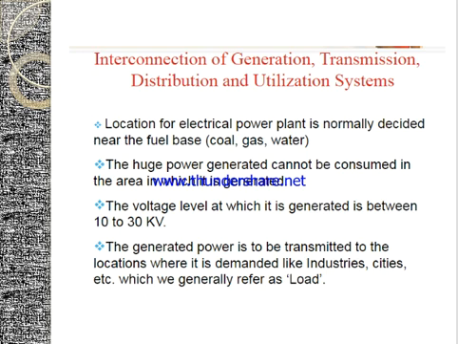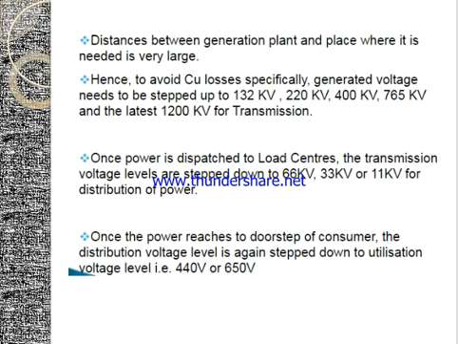After being transmitted, it has to be supplied or distributed at places depending upon its requirements, where we have to step down the electricity and then move further on the distribution base. At the consumer level, we do have several consumers.